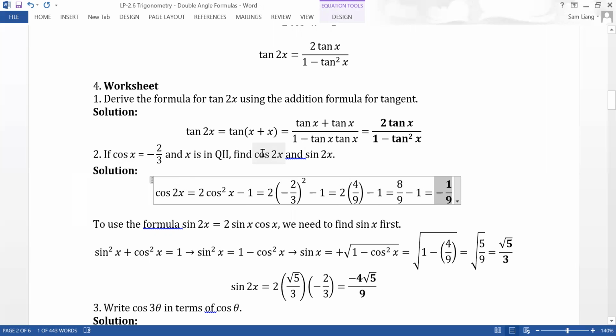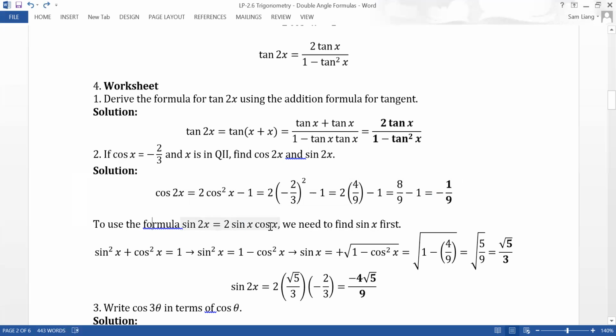And then for sine 2x, you only have one option for sine. So we have 2 sine x cosine x. To use the formula sine 2x equals 2 sine x cosine x, we need to find sine first. We're going to do that by using the Pythagorean identity, which is true for any angle. It's called an identity because it's true for all angles.